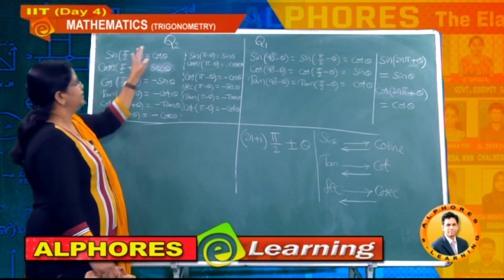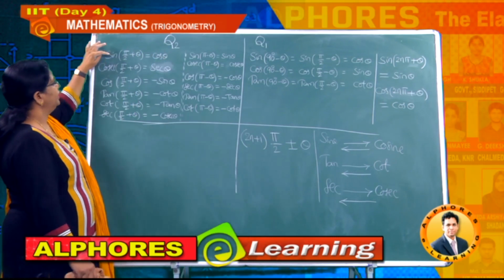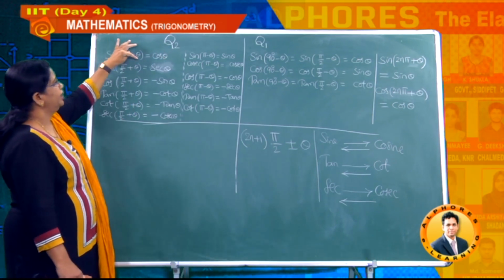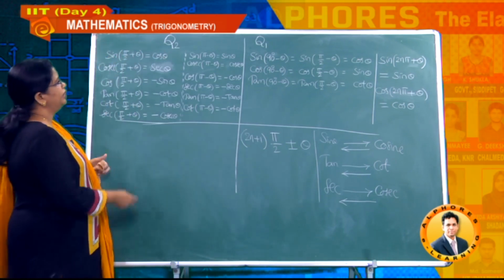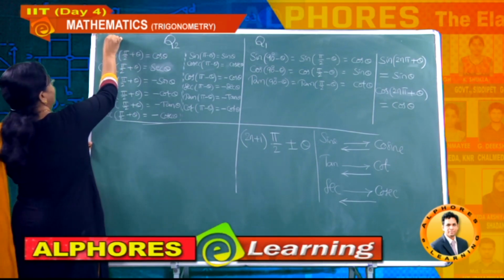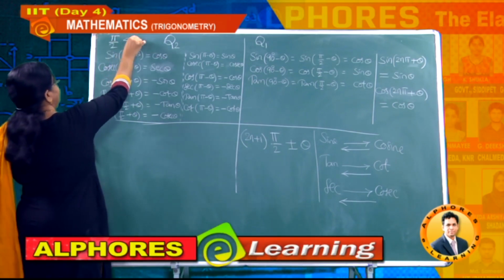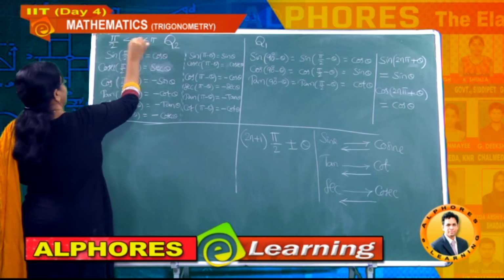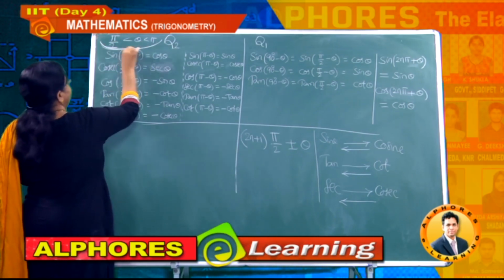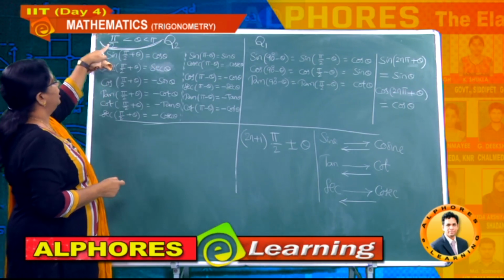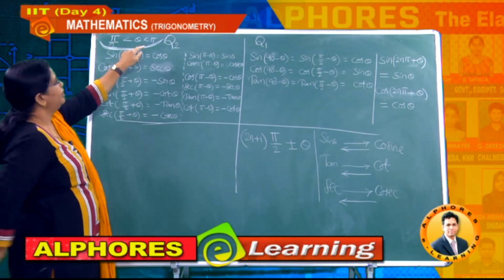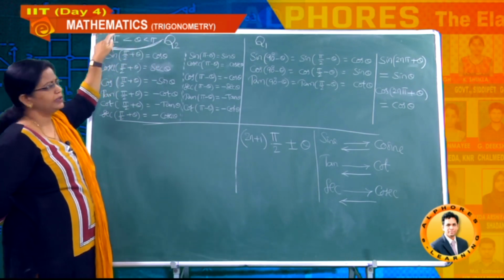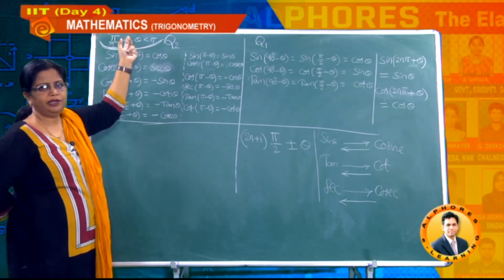Now let us consider the second quadrant. In the second quadrant it is 90 plus, because the second quadrant covers 90 to 180 degrees, that is why we are taking above 90 but below 180 degrees.